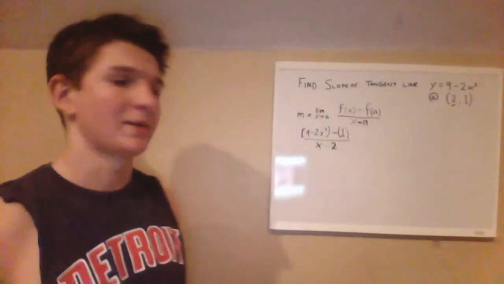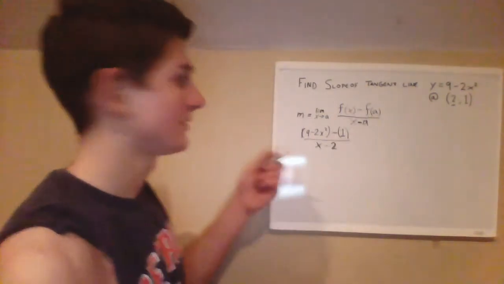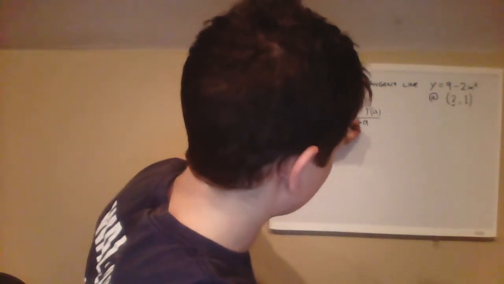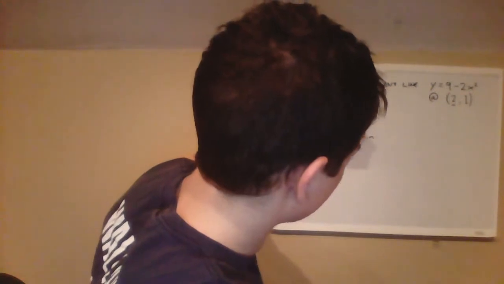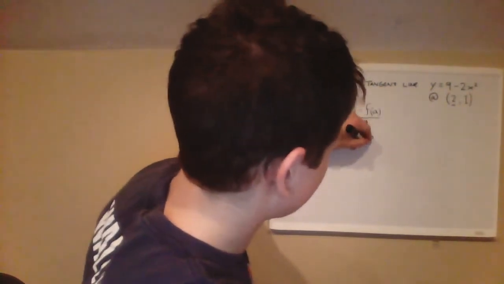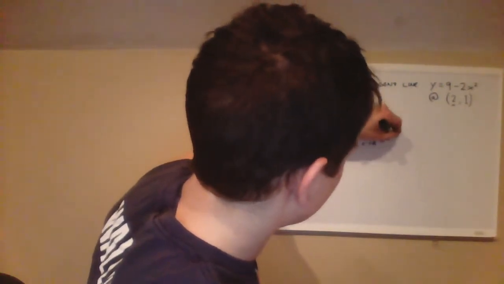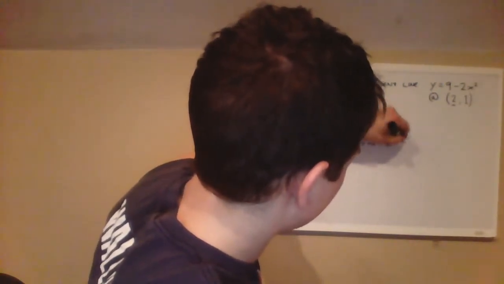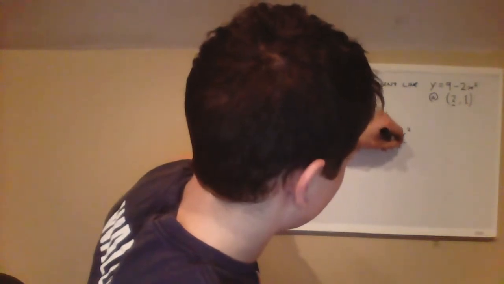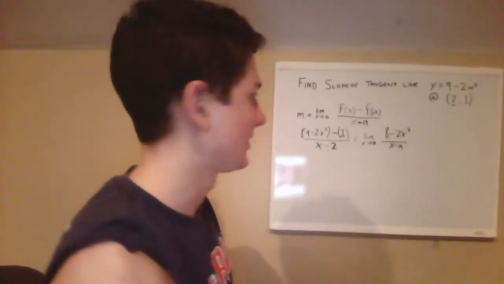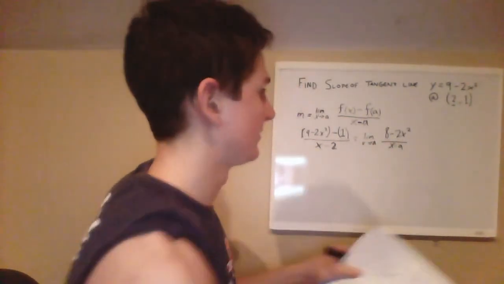We're going to want to combine like terms in the numerator just to make things simpler. So 9 minus 1 is 8. So this equals the limit as x approaches a of 8 minus 2x squared all over x minus a. You can see some factoring should be going on down here.